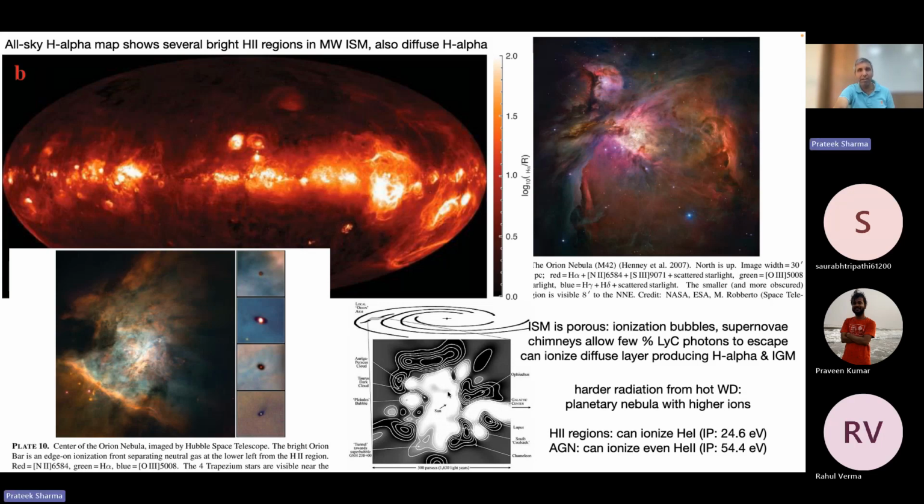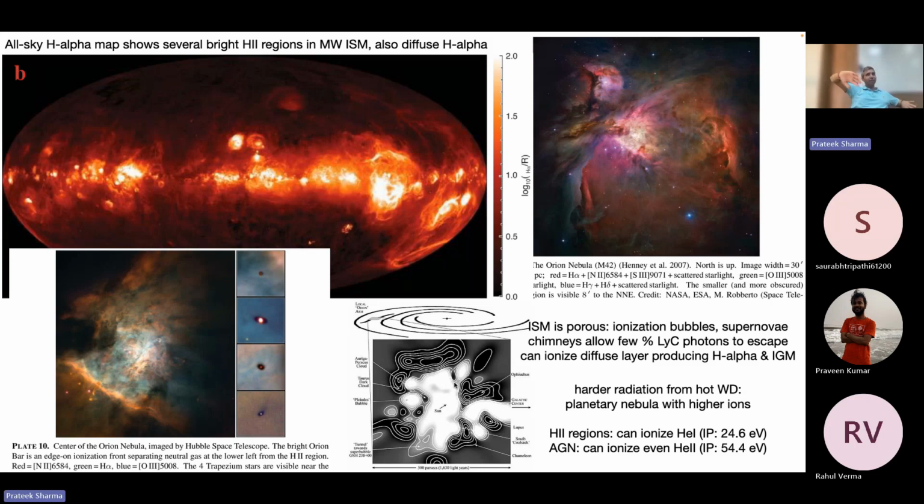These are ionization bubbles. So what happens is ionization photons can leave through those regions rather than through the dense regions, because the Stromgren sphere size is smaller. But in these other directions where the density is low, they can essentially run through the whole of the ISM.